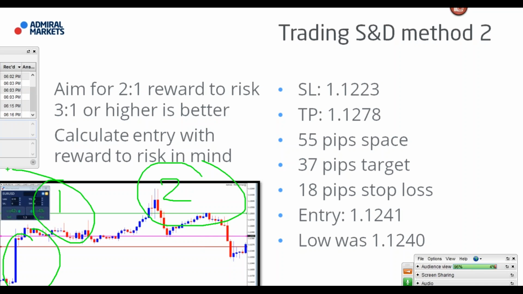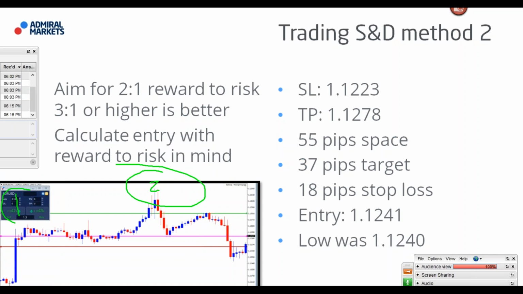If the speed of the second one is not that large, and you see a substantial difference, the second one being much smaller than the first momentum, then it is good to count on the fact that there might not be a strong bounce when it returns. So in this case, aiming for the shorter target makes sense because of this relatively small push here. That increases the chance of a larger bearish correction.